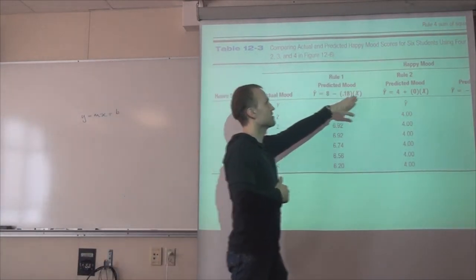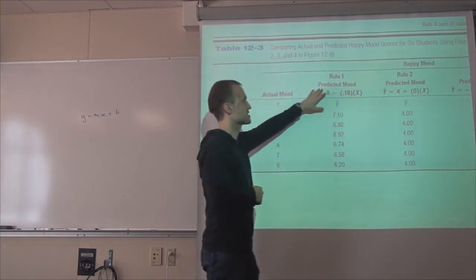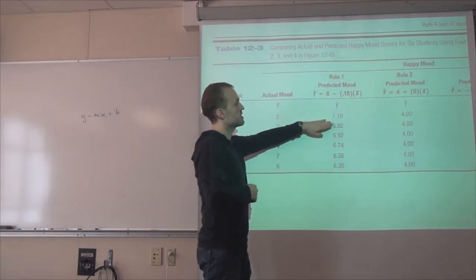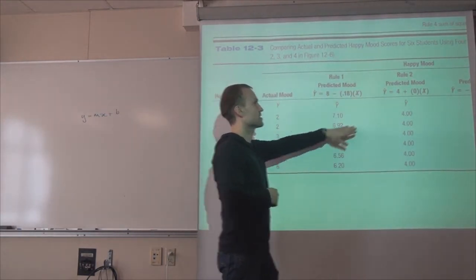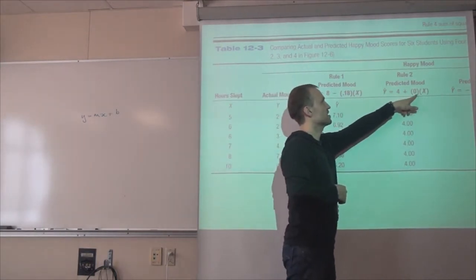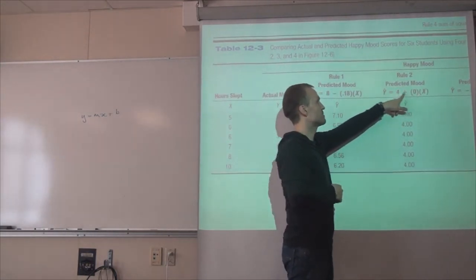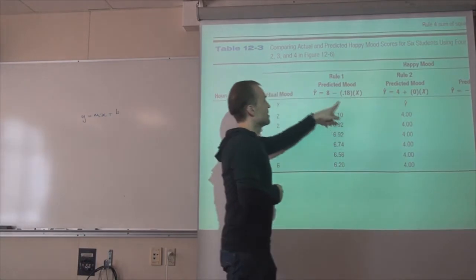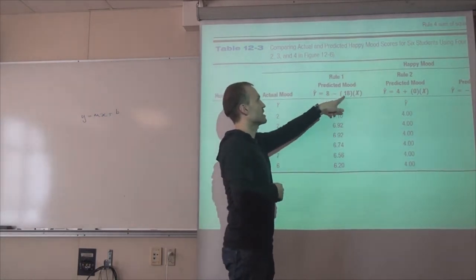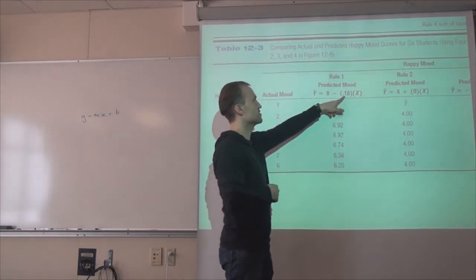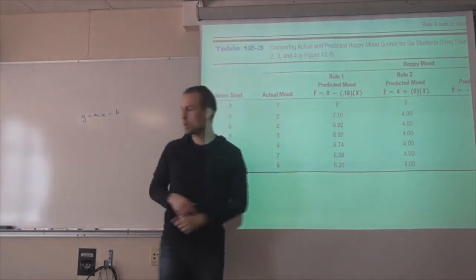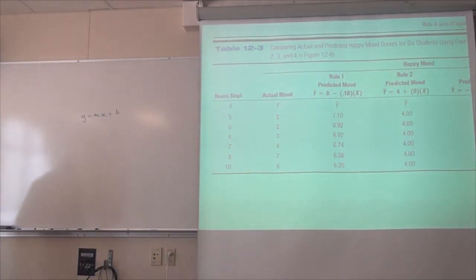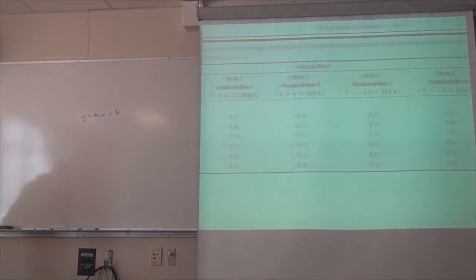For each one of these 4 rules, as an example, I see the different predictions that they give. This one says, oh, it doesn't even matter how many hours you slept, your mood is always 4. This one has a little combination and uses the number of hours slept in some way. And then I have 2 more.